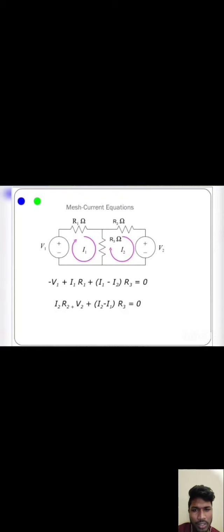And the second mesh equation is I2 R2 plus V2 plus (I2 minus I1) R3 is equal to 0. These are the two mesh equations of this given circuit, having voltages V1 and V2, currents I1 and I2, and resistances R1, R2 and R3.